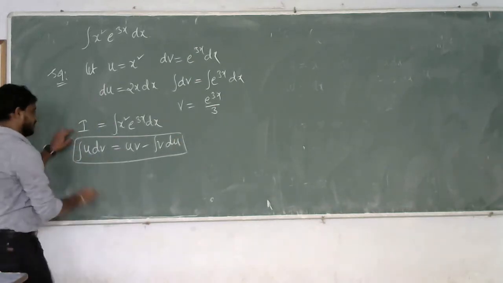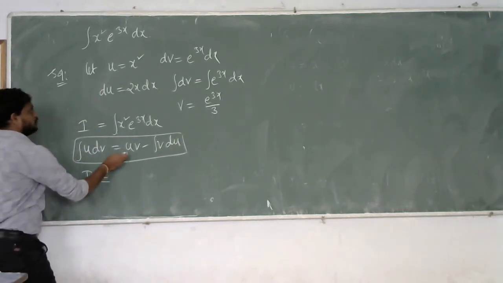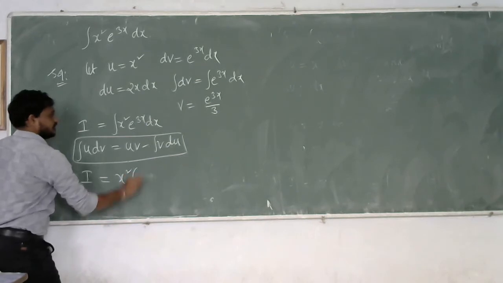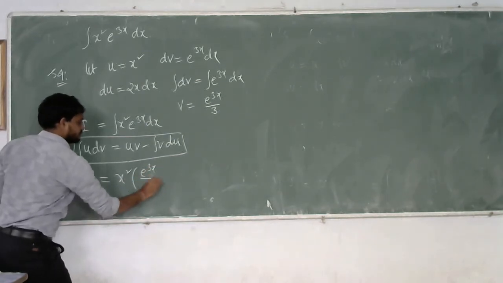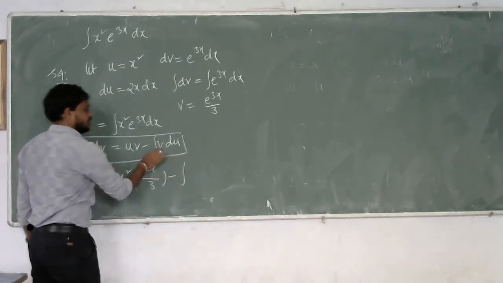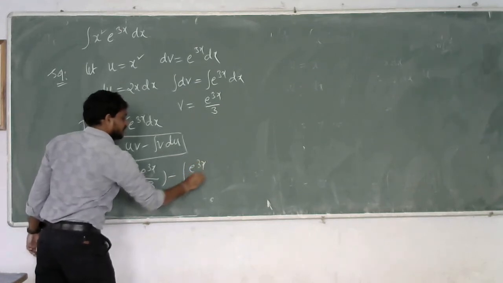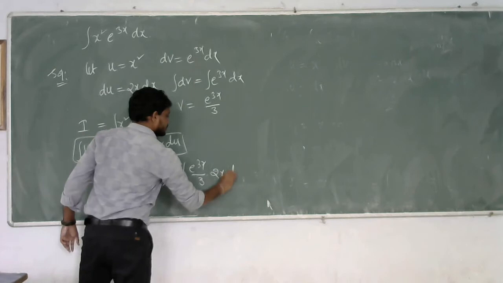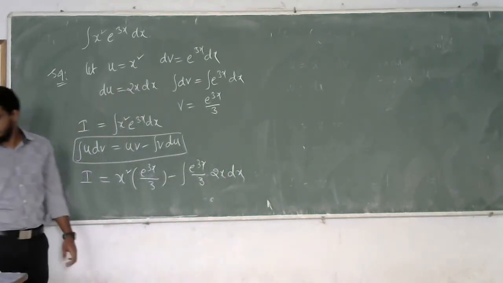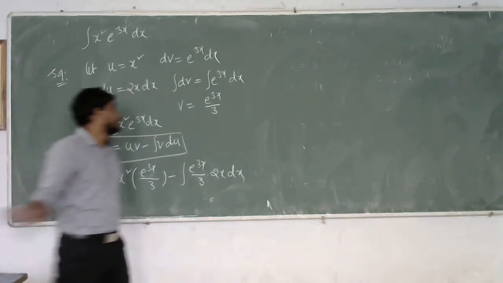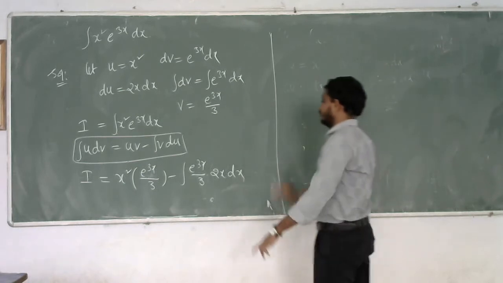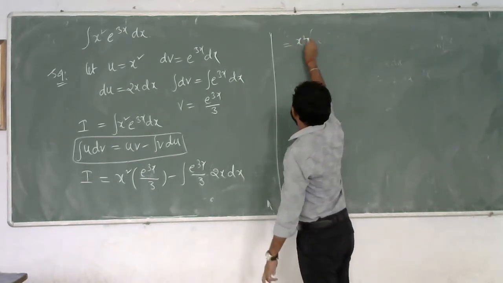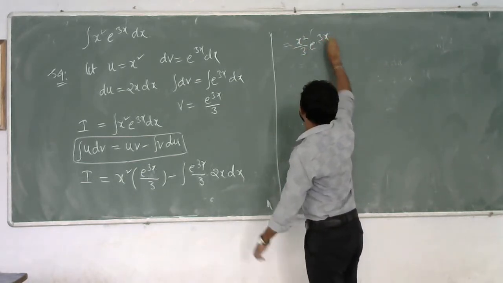Apply this formula. So I equals u value x square and v is e power of 3x by 3, minus integral v, which is e power of 3x by 3, into du, which is 2x into dx. Right? Then simplify: x square by 3 into e power of 3x.